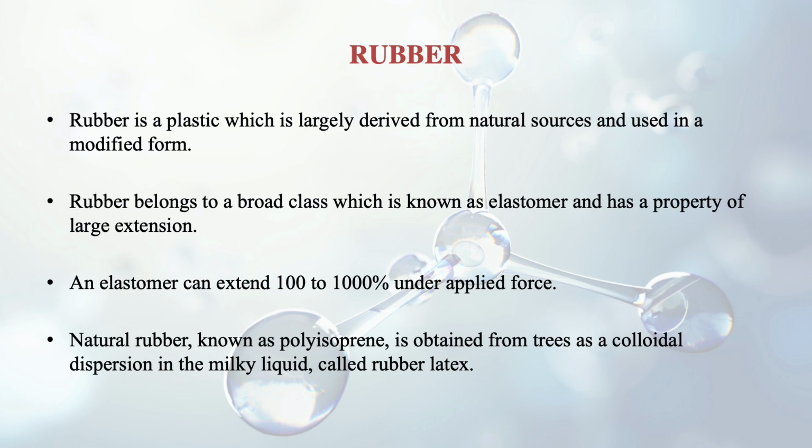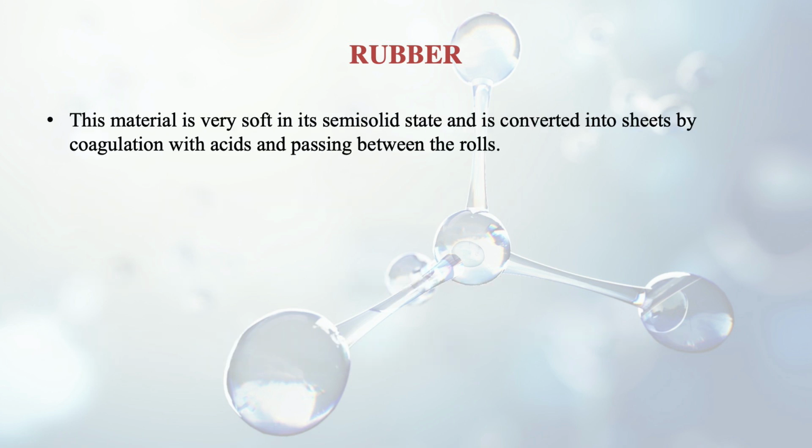So natural rubber, also known as polyisoprene, this is the chemical structure of rubber, is obtained from trees. There are certain trees from which rubber is obtained, as a colloidal dispersion in a milky liquid that is known as rubber latex. This material is very soft in its semi-solid state and is converted into sheets by coagulation with acids and passing between the rolls.